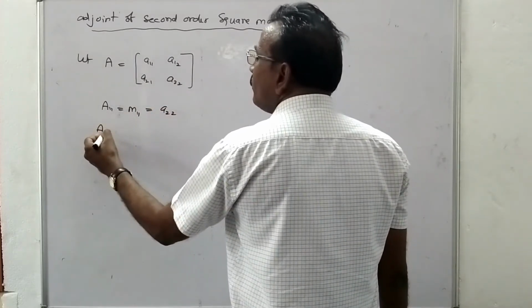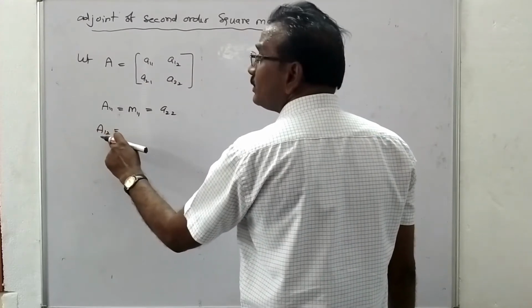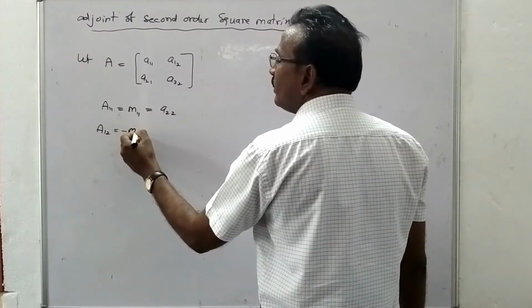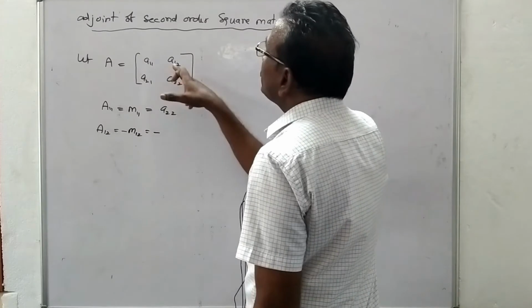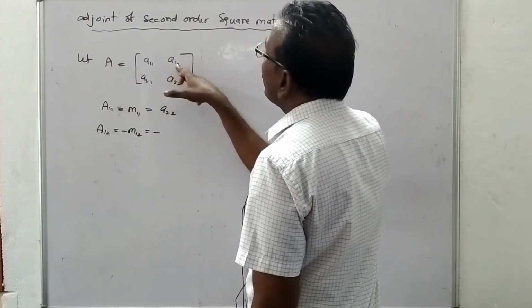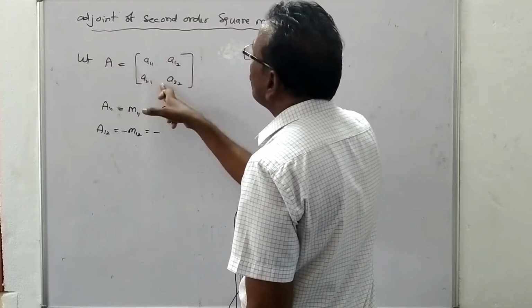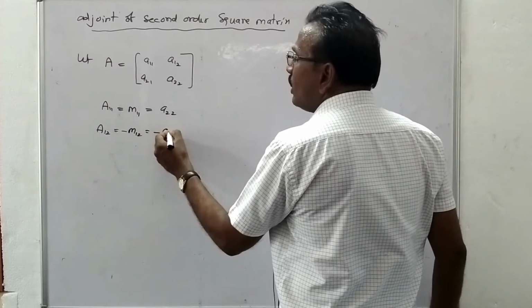Next A12: minus 1 to the power of 1 plus 2 is odd, so the sign is minus, times the minor M12 of A12. A12 is the first row, second column element; delete the first row and second column, and the determinant of the remaining element is the number itself, that is A21.